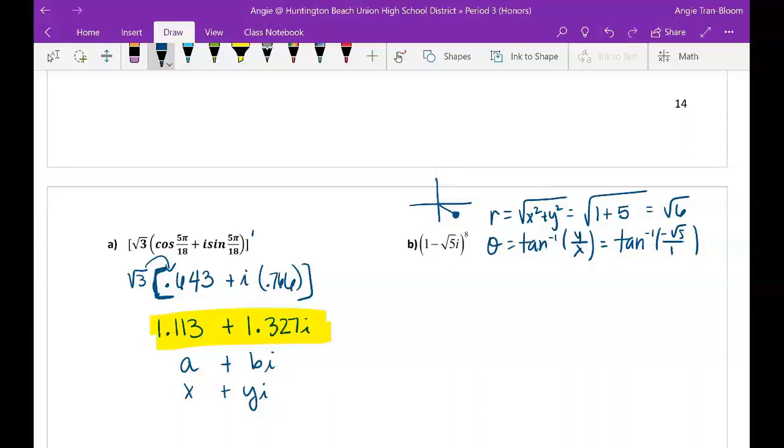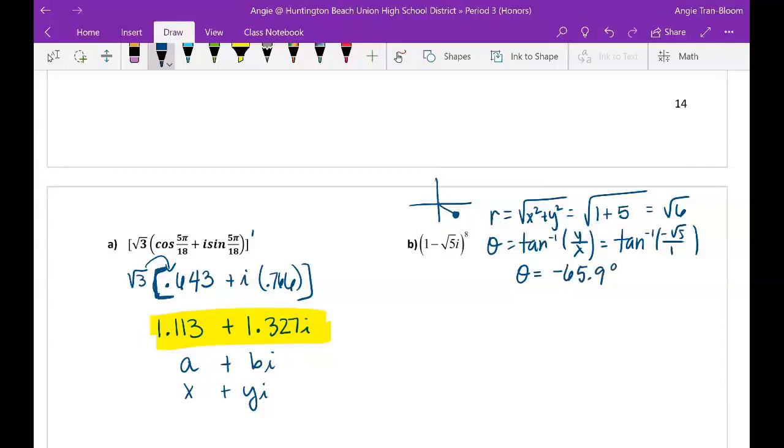If it starts out in radians, keep it in radians. Tangent inverse of negative radical 5 gives me negative 65.9 degrees.